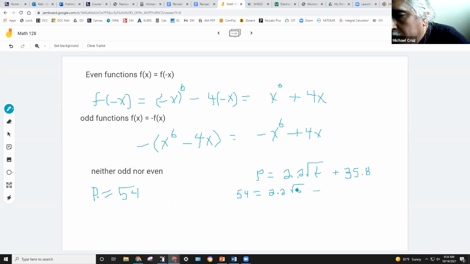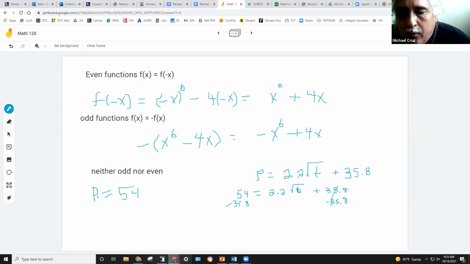And then just solve for T. So we're going to subtract 35.8 because we would isolate the T. So these are going to be gone.